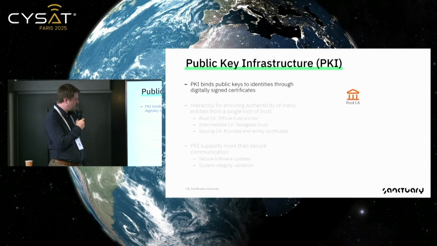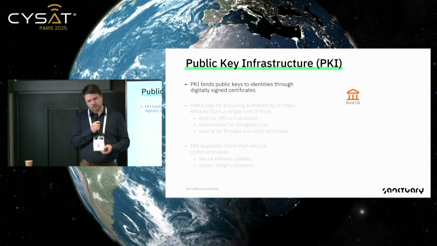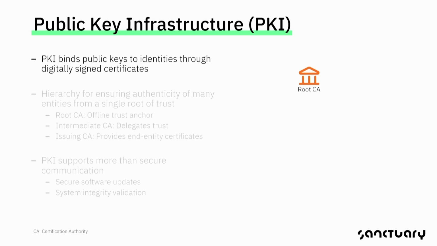So what is the public key infrastructure doing? At the very basic description would be, you want to bind the public key to an identity, so that when you receive a public key, you not only receive the public key, but also a proof that this public key belongs to the identity that you are expecting the key from, that you want to communicate with.